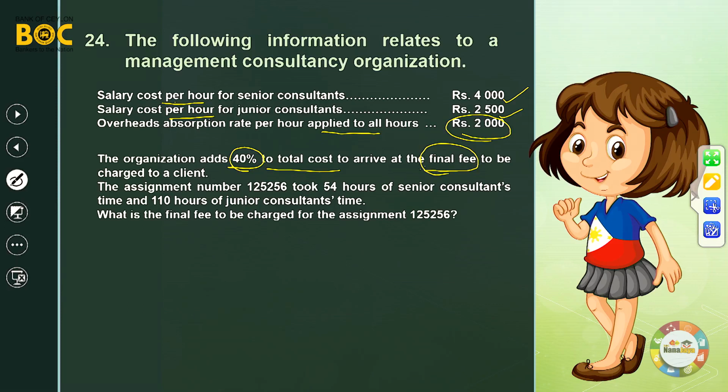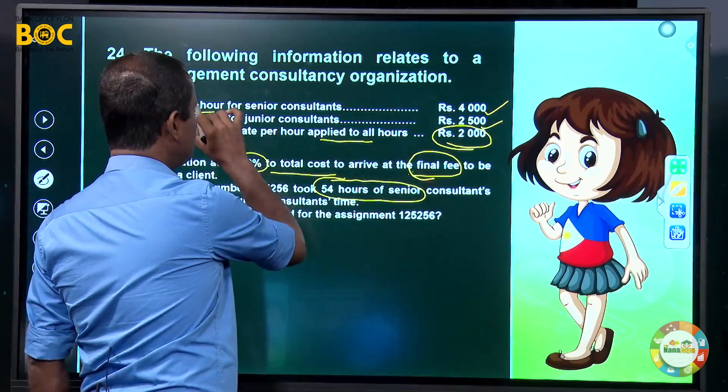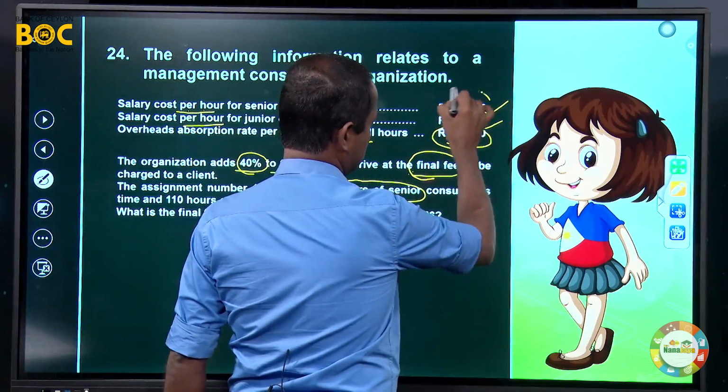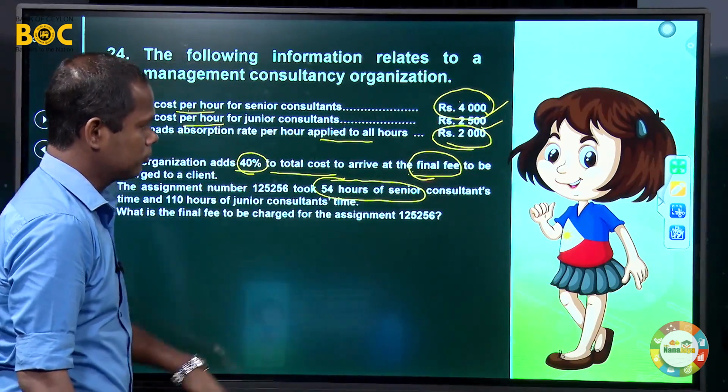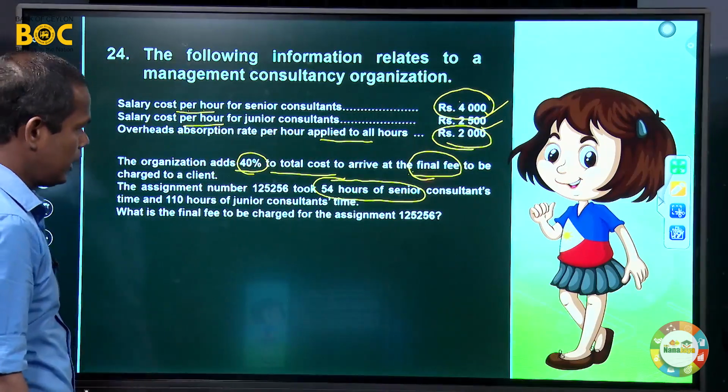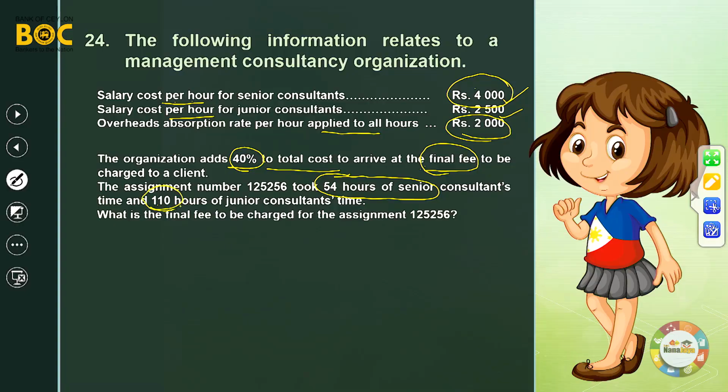This job took 54 hours of senior consultants. You pay 4,000 per hour for a senior consultant. The job has taken 54 hours of senior consultant and 110 hours of junior consultant.